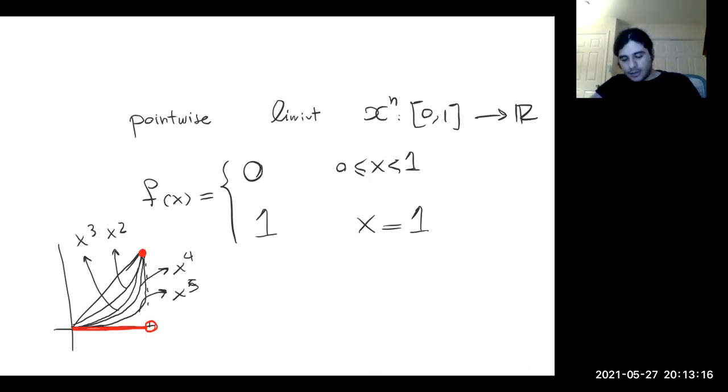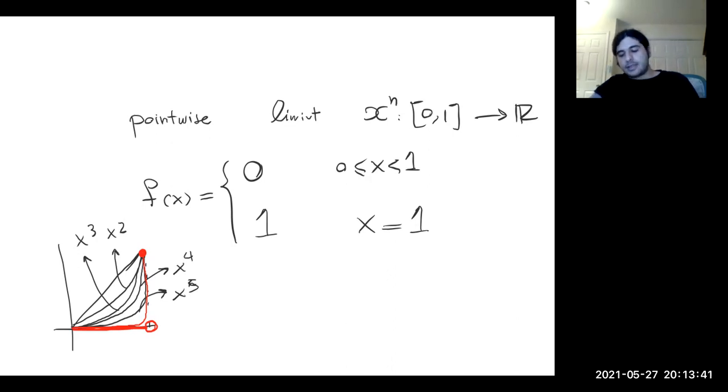And intuitively, if n is very, very large, x to the n is kind of like this. And as n grows larger and larger, the function becomes closer and closer to 0. But the value of x to the n is equal to 1 when x is equal to 1, no matter what n is, for any natural number n.